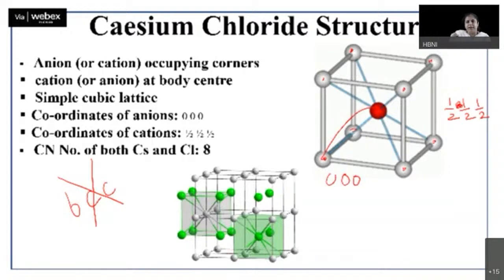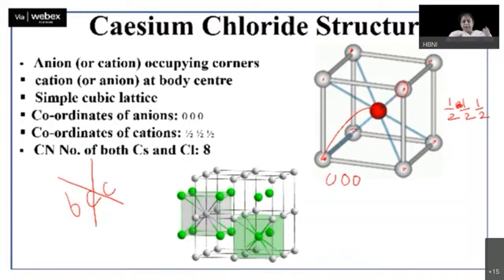That will form another red ball. Similarly, in front, and on top, top, 4. So this will form another cube. Now, if you concentrate on that cube formed by red balls, this white ball will become the body center. Okay. So what we can say is, you must have read now, whenever you read that cesium chloride structure is two interpenetrating simple cubic lattice of cesium ions and chloride ion, it should not confuse you now on.